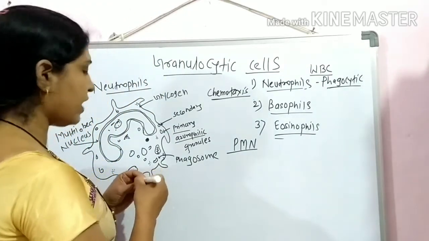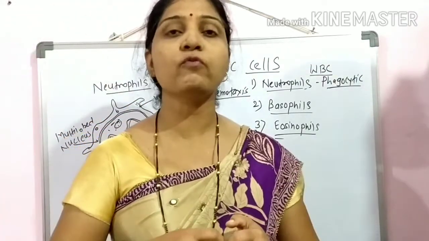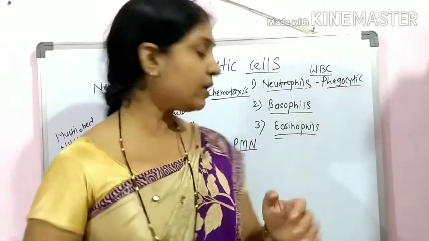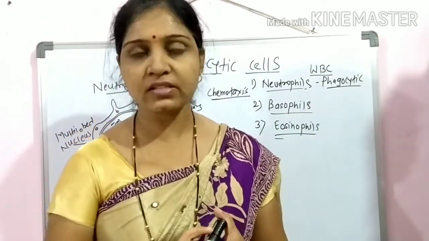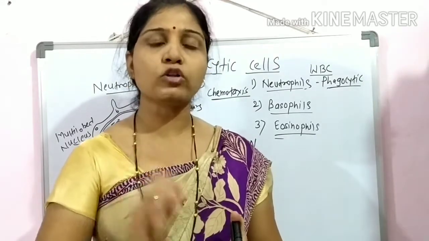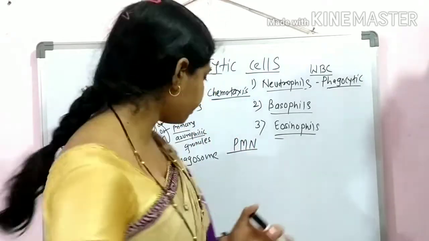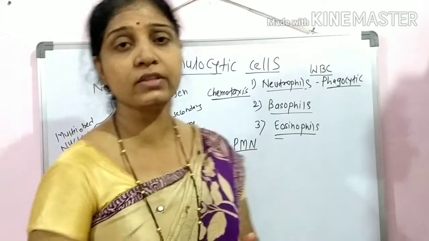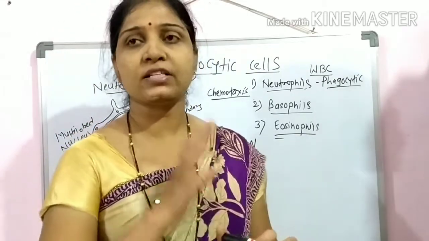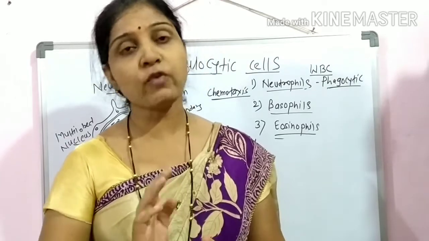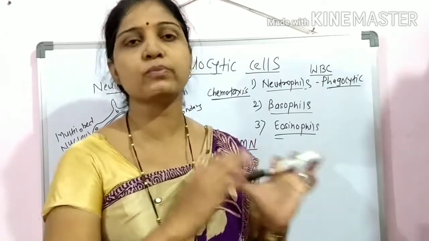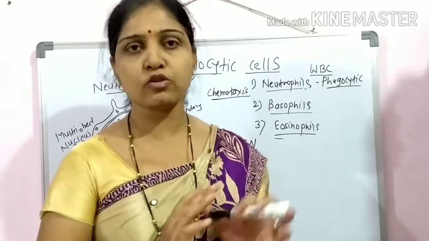Along with that, there is also the presence of the phagosome and lysosome. The primary azurophilic granules, having a larger size, contain lysozyme and other different types of hydrolytic enzymes. Both the primary and the secondary granules fuse with the phagosome to form the phagolysosome, because both contain lysozyme enzyme.